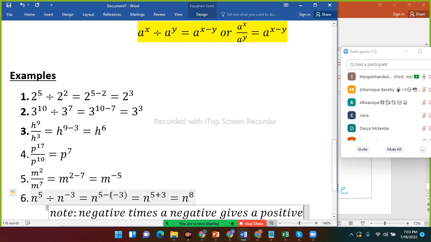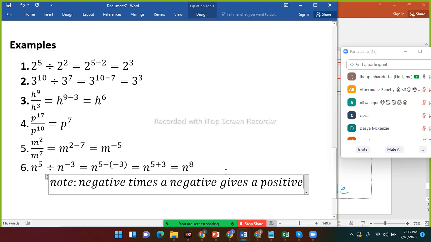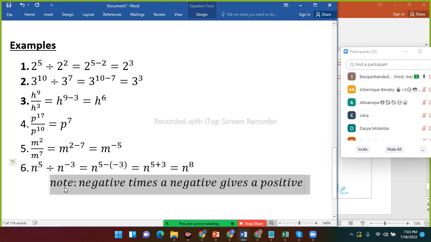So negative times a negative gives us the positive. So it's 5 plus 3, which is 8. All right, so just be very careful with that. Other than that, this is a pretty easy concept. You just have to be careful with some of the tricks that they could put on us.